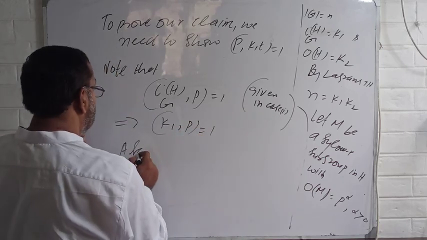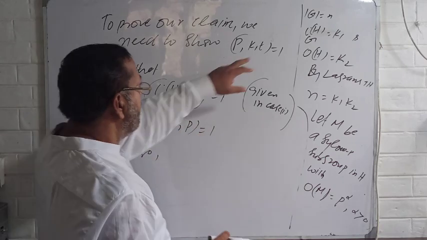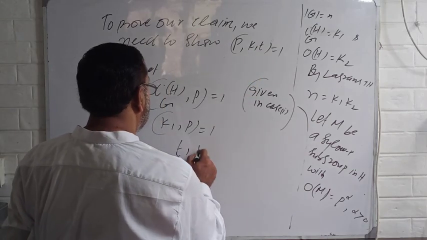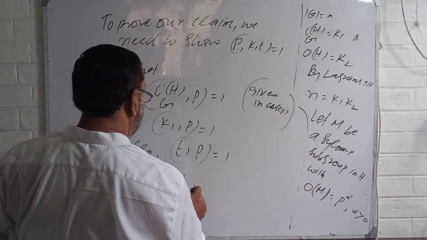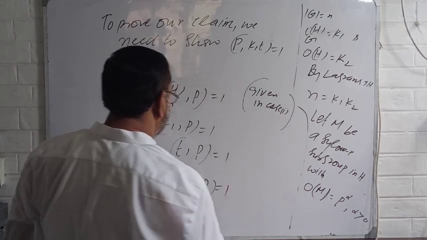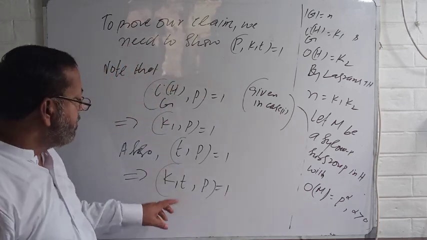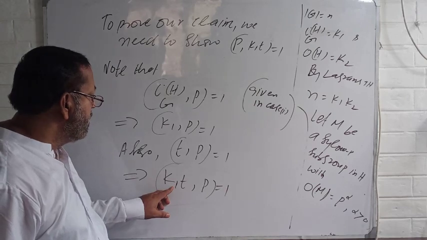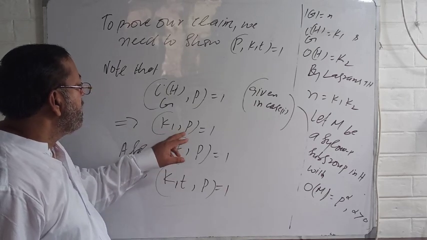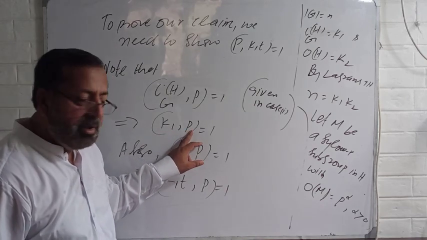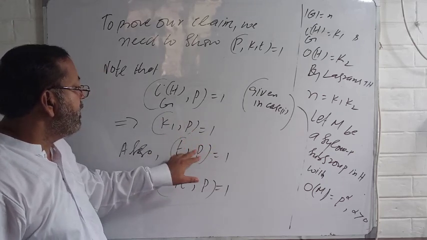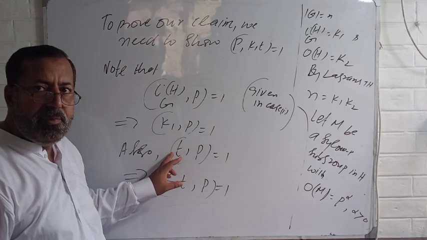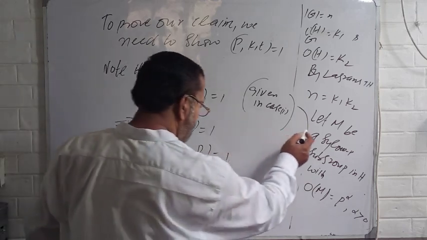Also, you have assumed that GCD of T and P is equal to 1, so this implies GCD of K1 T with prime P is equal to 1. Yes, this is true. This is true because P is a prime number, and if GCD of a and P is 1 and GCD of b and P is 1, then GCD of ab and P is 1, because I can show you.